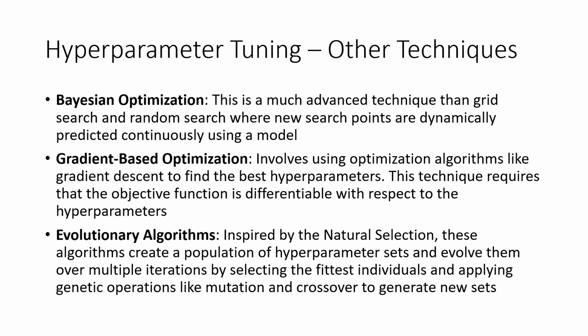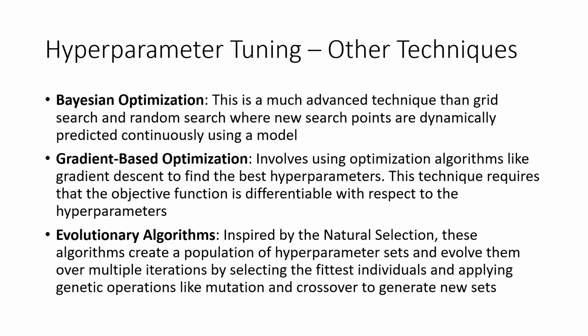It's a much more advanced technique than grid, where in the grid you have to search in all the values, but with Bayesian techniques you can probabilistically estimate which direction you have to move your vector in the context of hyperparameters, and then you can go there and dynamically predict the values, right? So that means you can change the training space around the hyperparameters in a dynamic way using Bayesian optimization.